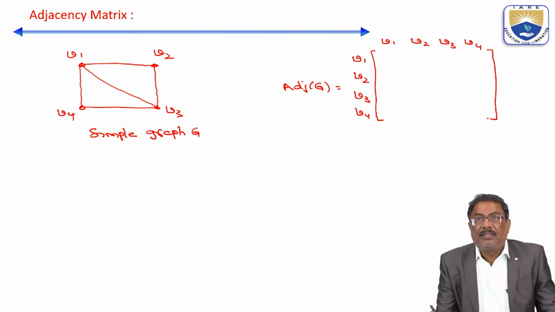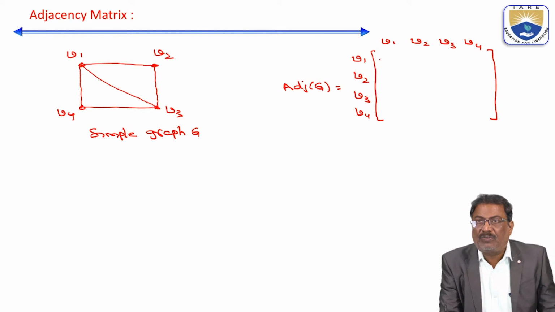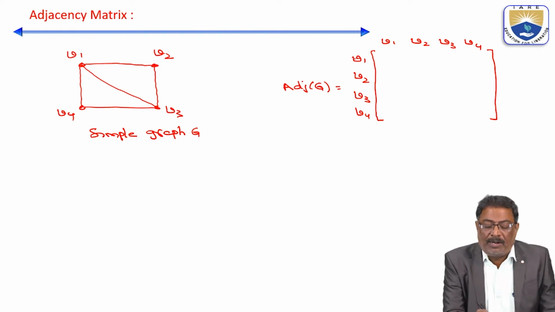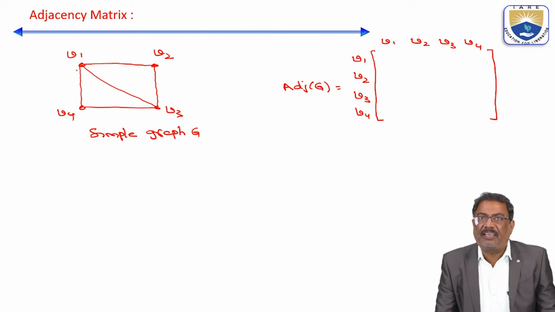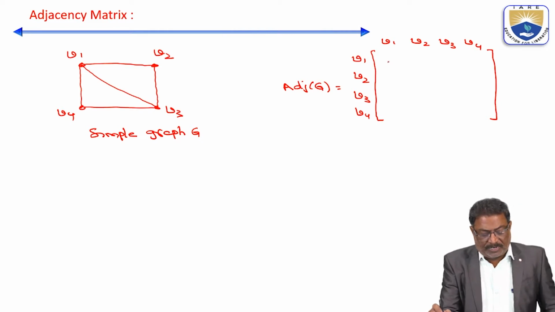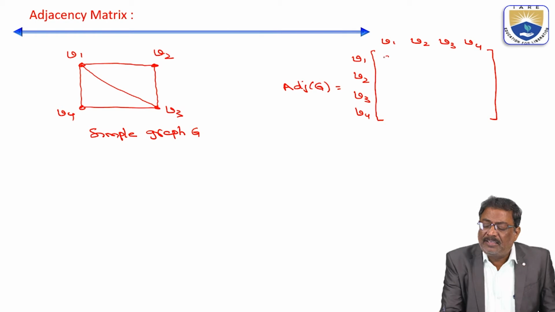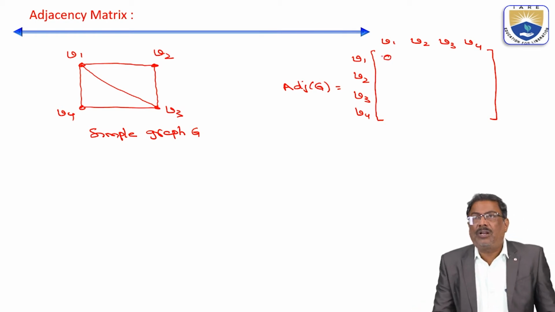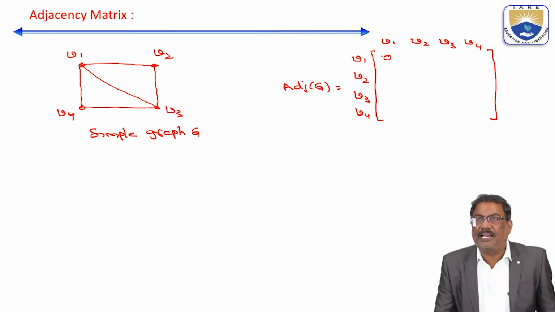Here is the first row, first column. The graph does not have a self loop, because it is simple. So there is no edge, and I am taking it as 0.